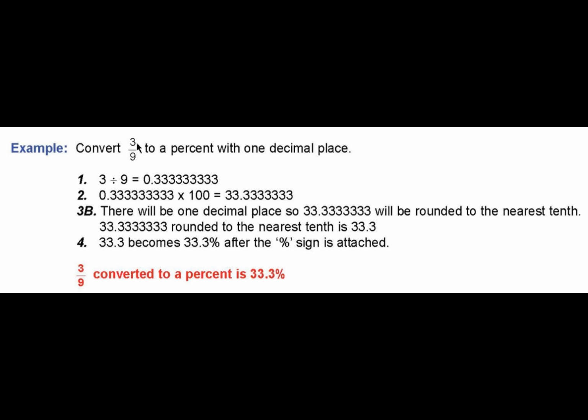The numerator is 3 and the denominator is 9. So we will divide the numerator, which is 3, by the denominator, which is 9. 3 divided by 9 gives us 0 point repeating decimal of 3.